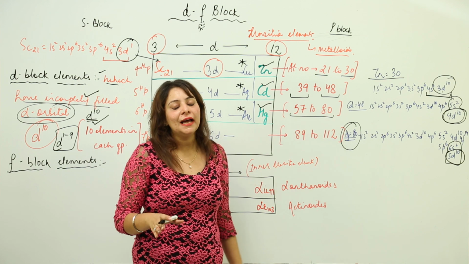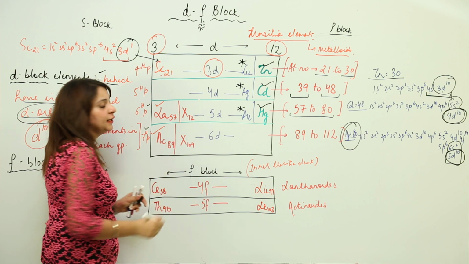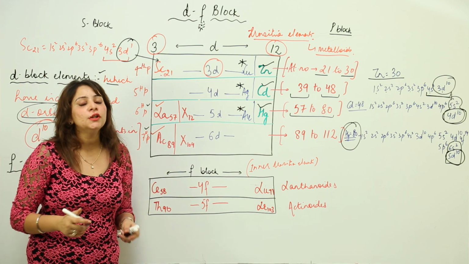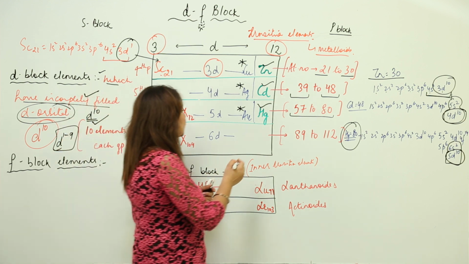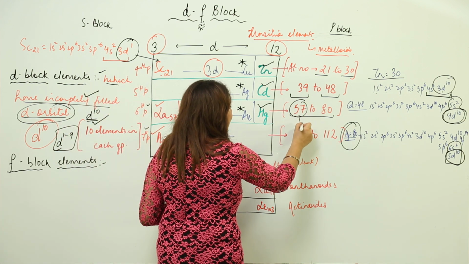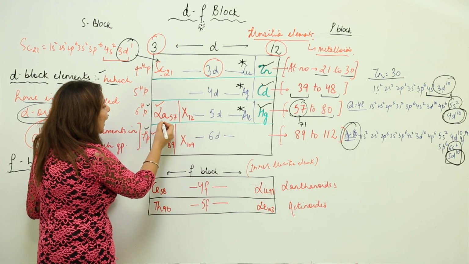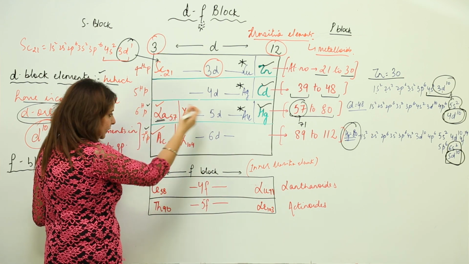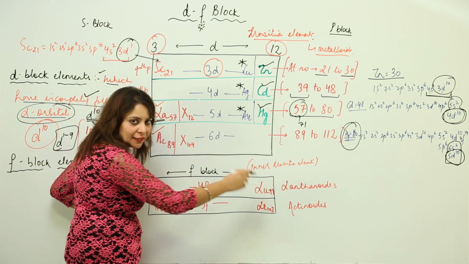So don't think that the sixth period and seventh period are violating the rule. It is not actually violating the rule. It possesses 10 elements only. But here, from 57 to 71 the elements are squeezed up at one place, and starting from 58 we have the f block series placed at the bottom.